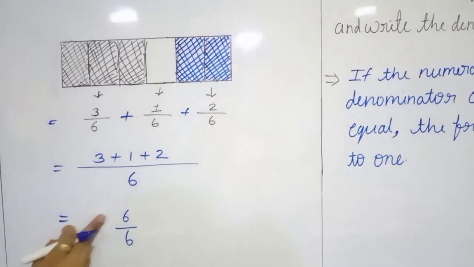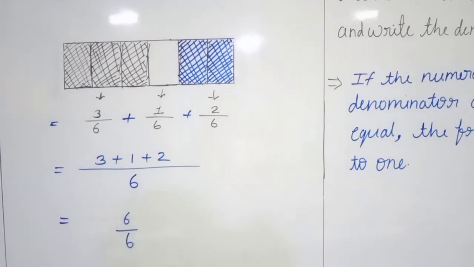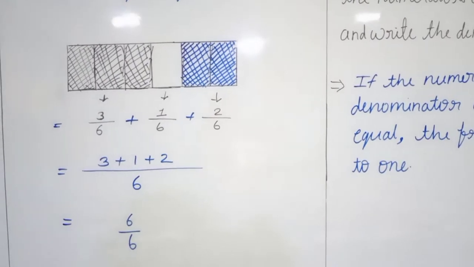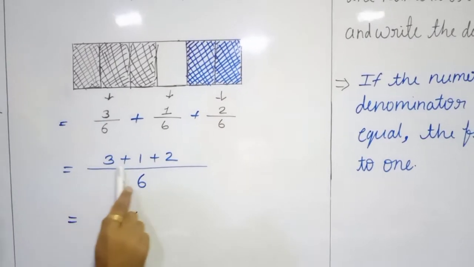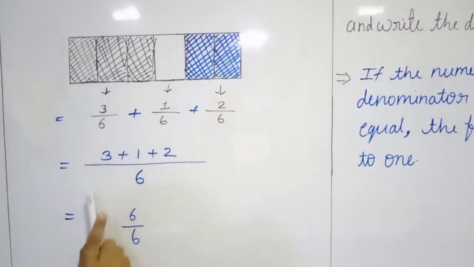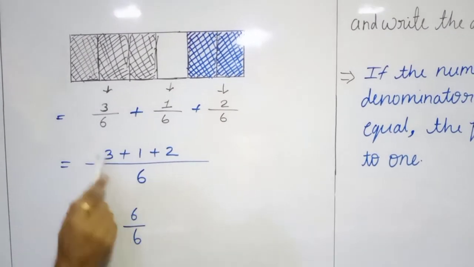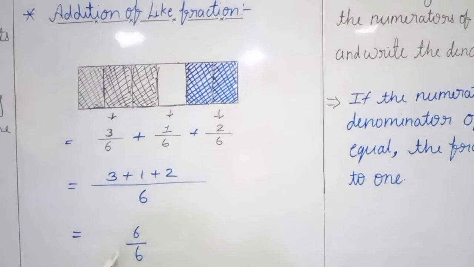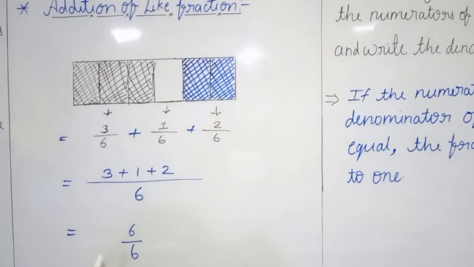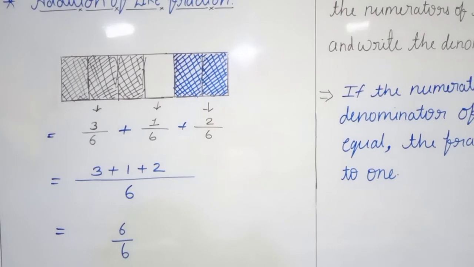So we got the answer 6 upon 6. This way we do the addition of like fractions. Once again, we add all the numerators of the given fractions, and in the denominator we keep the common denominator as it is. It will become 6 upon 6.